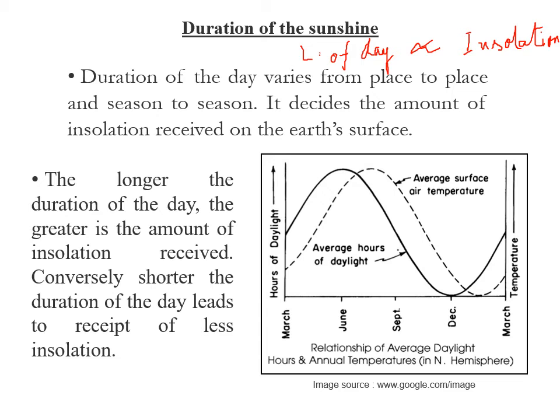When at the pole, that means at 90° north or 90° south, when there is winter, say for example for the present time, if you look at the southern pole, 90° south, that will not receive any amount of sun ray.